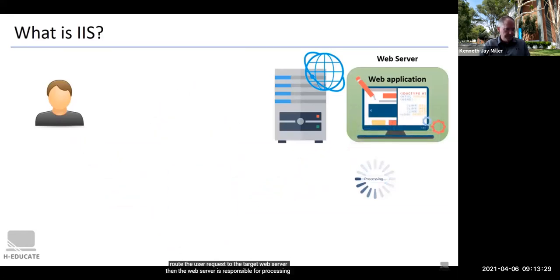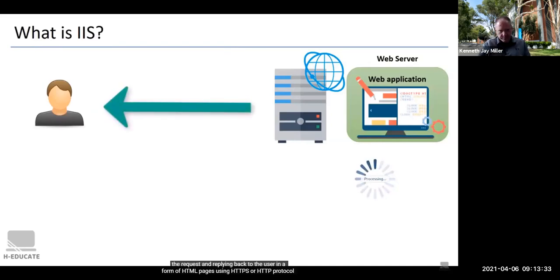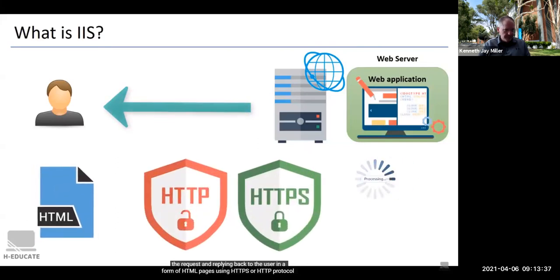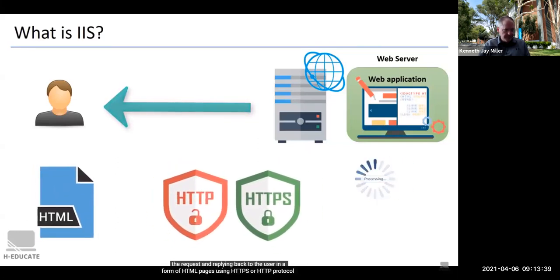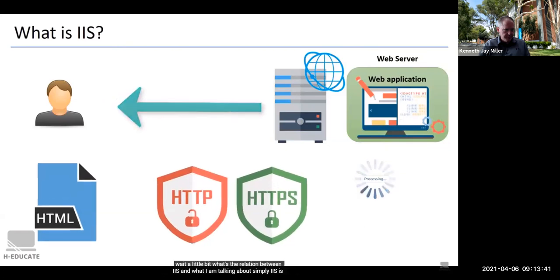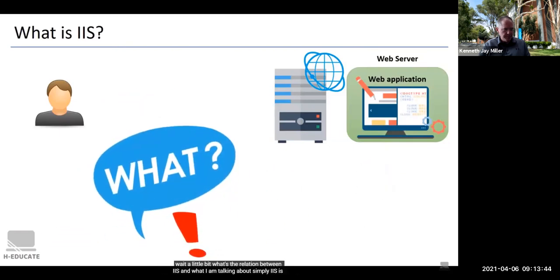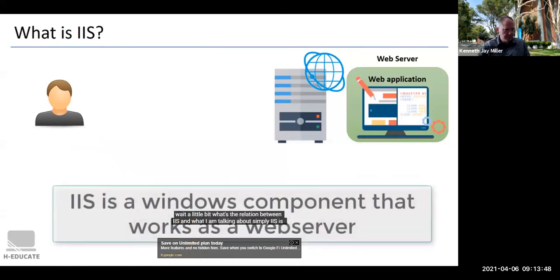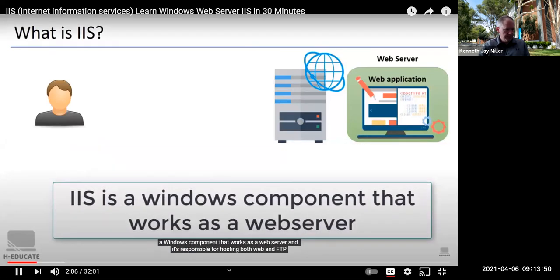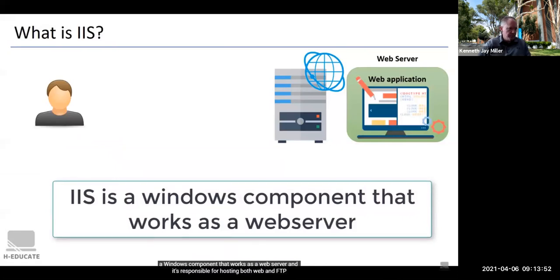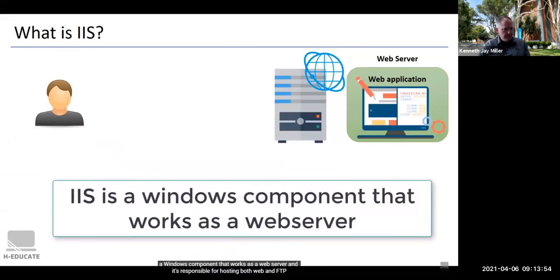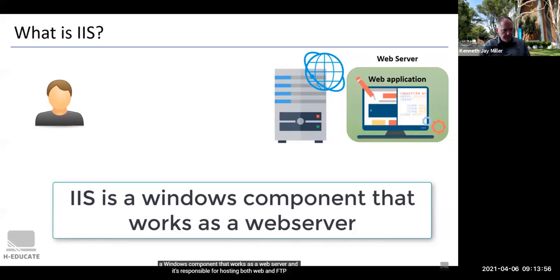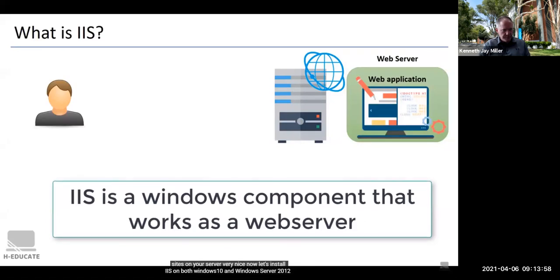Then the web server is responsible for processing the request and replying back to the user in the form of HTML pages using HTTPS or HTTP protocol. Wait a little bit. What's the relation between IIS and what I am talking about? Simply, IIS is a Windows component that works as a web server, and it's responsible for hosting both web and FTP sites on your server.